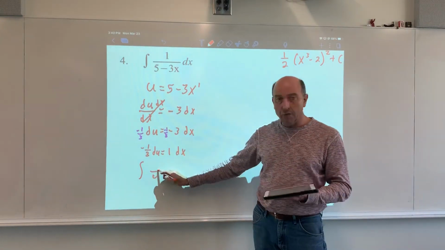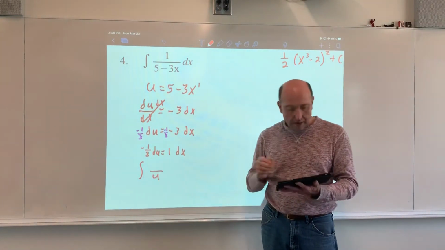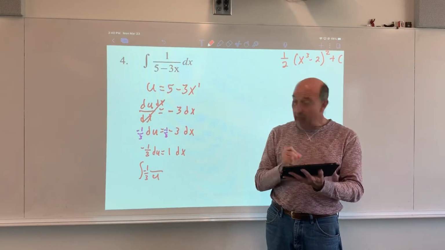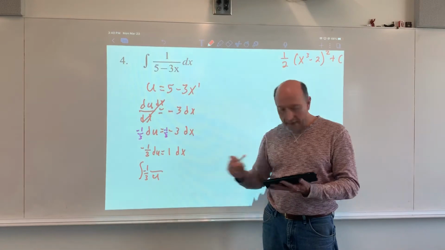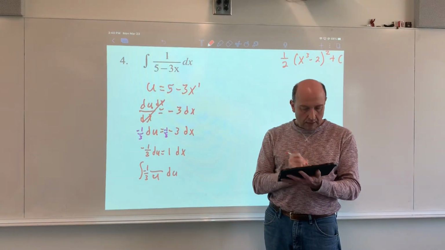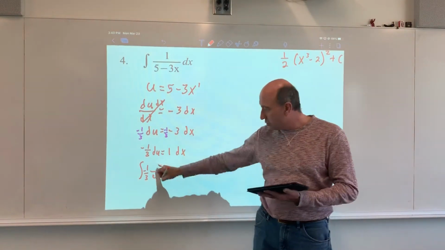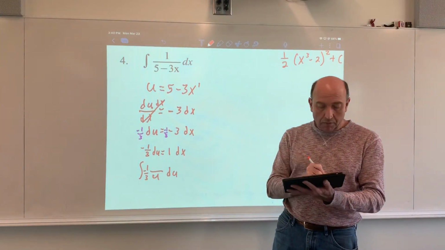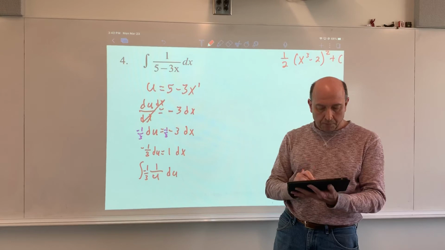I could put the negative 1/3 on top, but that would look goofy. I'll put it in front, negative 1/3. And the du always looks better at the end. So I got it. Now I have to put something on top.